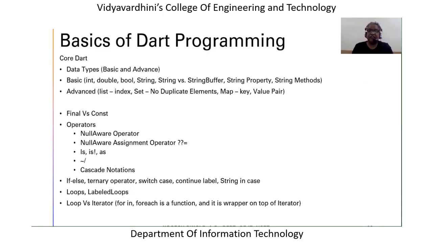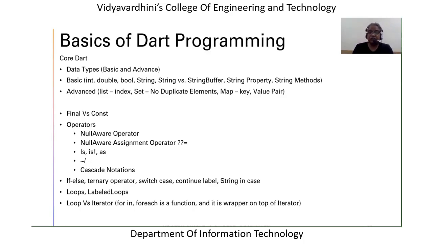The basic data types are very common to all, like int, double, boolean, and string. We also know string versus string buffer. We have string properties and string methods. So a lot of different basic data types are available, and then there are the advanced data types which Dart provides. Dart provides three very important advanced data types.